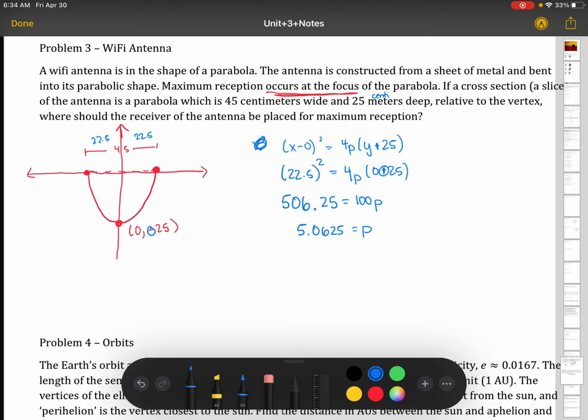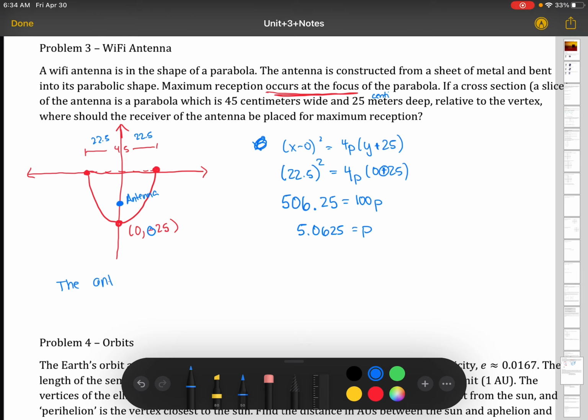Remember that p is the distance both the directrix and the focus are from the vertex. So since we're placing our antenna at the focus, this is where the antenna goes. And our answer is just, let's make a sentence.